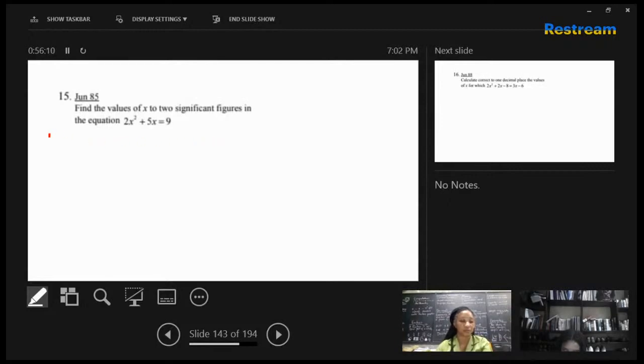Okay, find the value of x, correct to significant figures, in the equation. Let's bring over the 9 first things first. 2x squared plus 5x minus 9 is equal to 0. So we want to check if it can be factorized. 2 times negative 9 is negative 18.